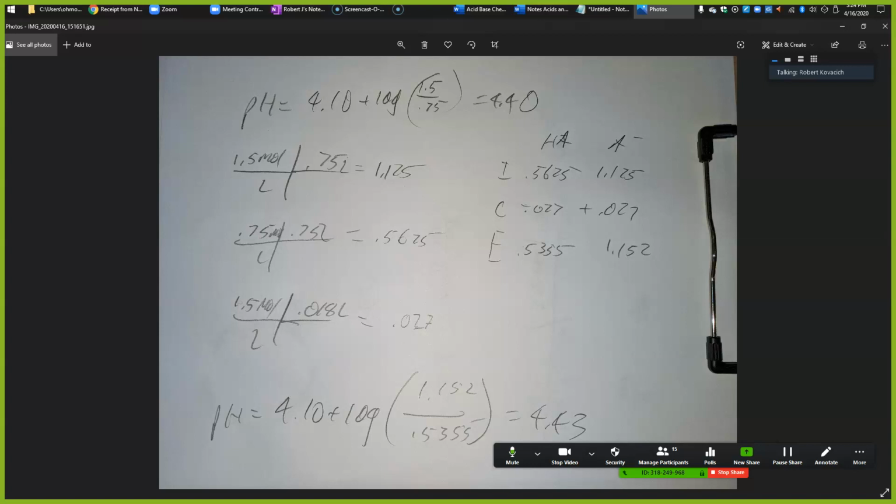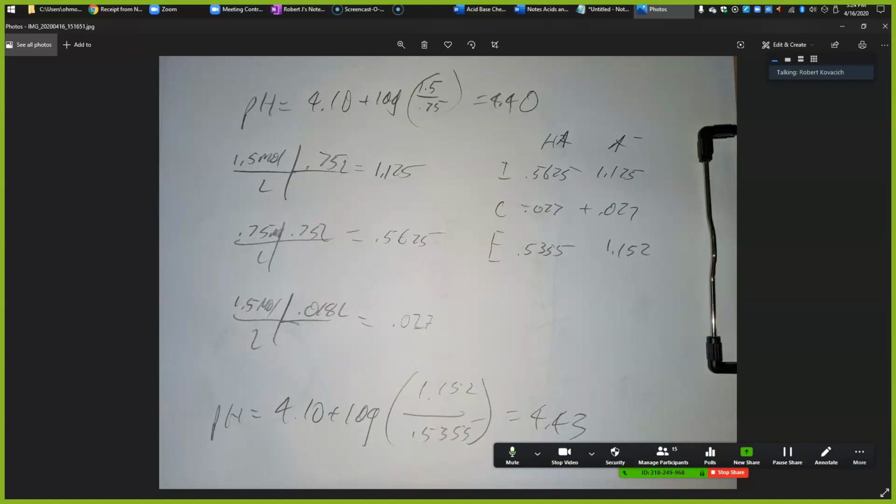And so initially I was there, and then I'm going to change that buffer by adding this potassium hydroxide. When I did that, the potassium hydroxide reacted with the acid, the ascorbic acid, and turned it into the anion, ascorbate. So then I lose some acid and I gain some anion, and that's when it's reformed its equilibrium after I've reacted out all of the potassium hydroxide.